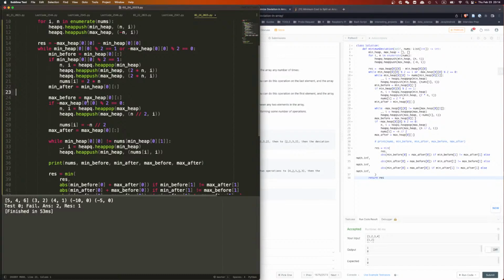We have the min, right? We just double. Or what if the max needs to go down to meet it?